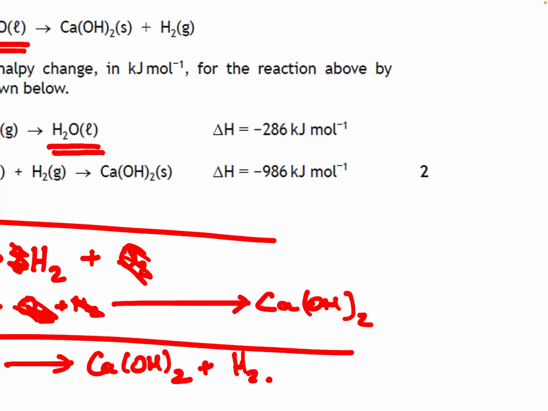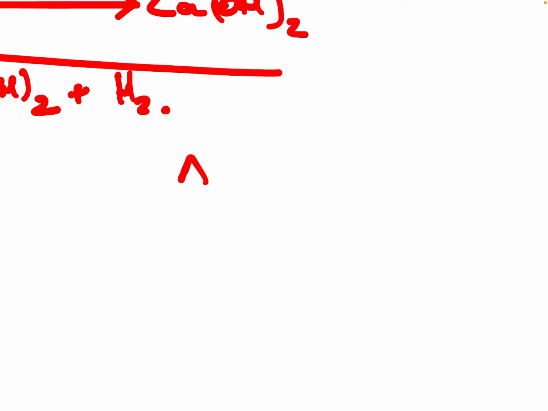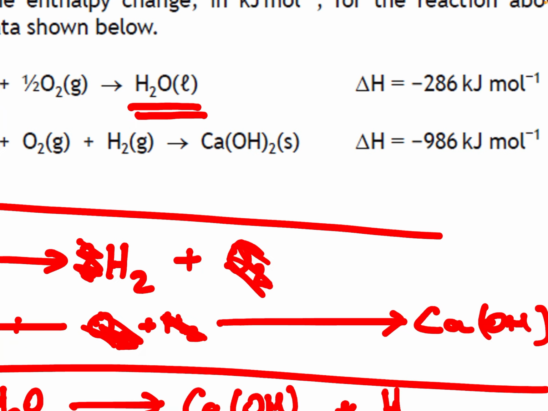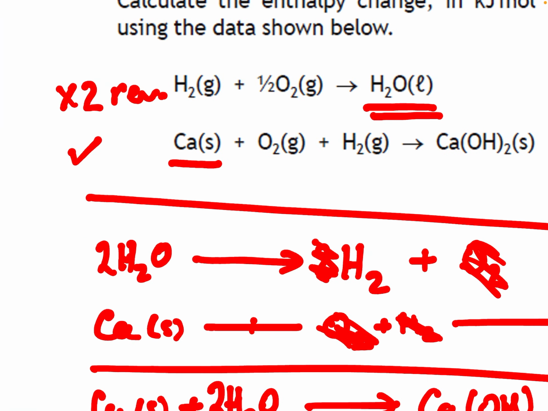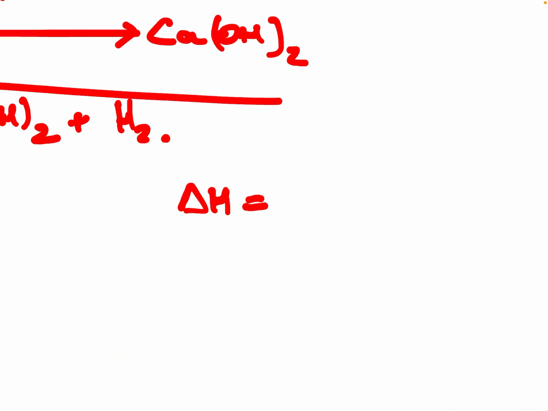That's good. So what we need to do is, let's work out our enthalpy now. We'll do that at the bottom where we've got some space. So if we look at this, our enthalpy for the combustion of hydrogen, we said we're timesing that by 2 and reversing it. So that's going to be plus 286 times 2.